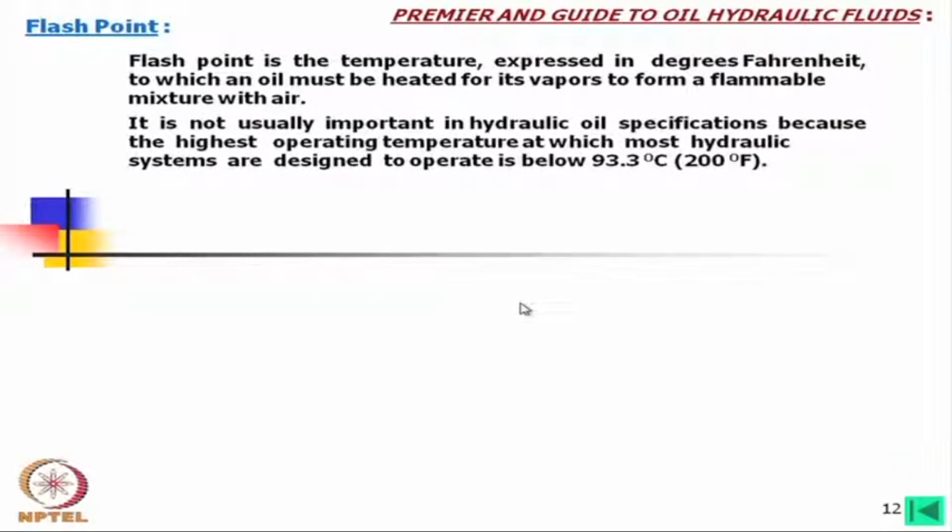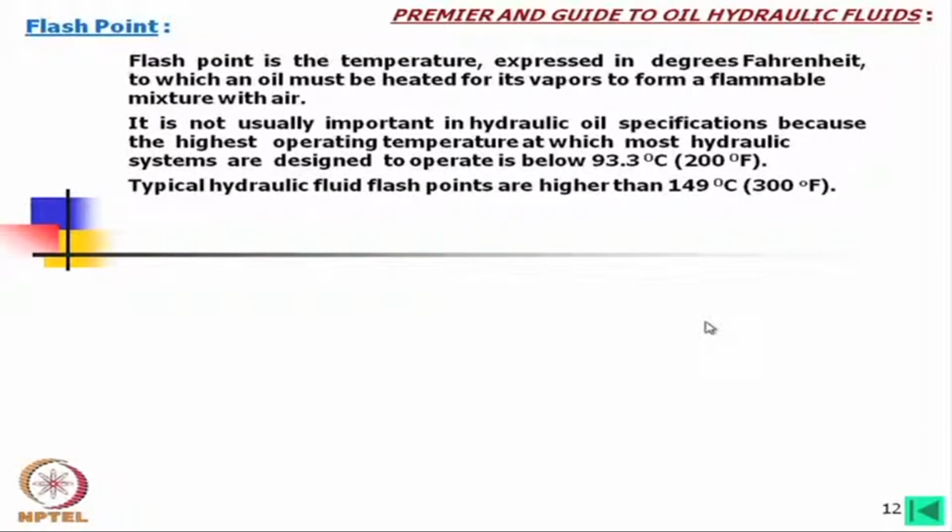It is not usually important in hydraulic oil specifications because the highest operating temperature at which most hydraulic systems are designed to operate is below 93.3 degrees centigrade. Typical hydraulic fluid flash points are usually higher than 149 degrees centigrade. Normally the temperature of the oil may not increase beyond 200 degrees Fahrenheit, which comes to 93.3 degrees Celsius.